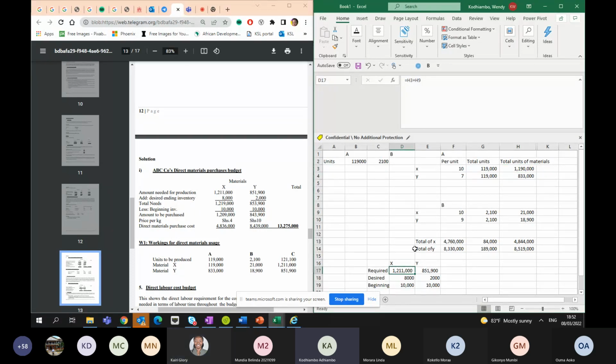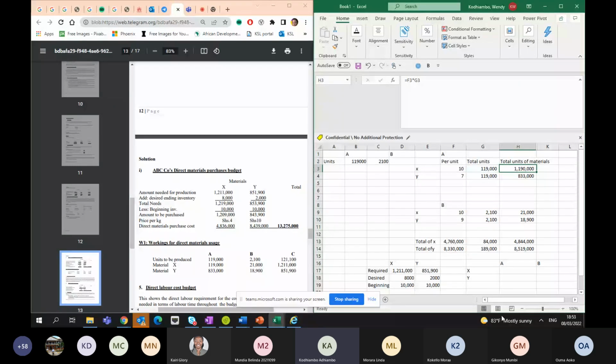Okay, so what I did here, let me start from here. Let me just break it down. So we have X, let's start with X for A and B. So it's a total of what we need for A and B. So we have A and B there, and we have X and Y. If we look at this, we have this X here, and the total X for A is 119.